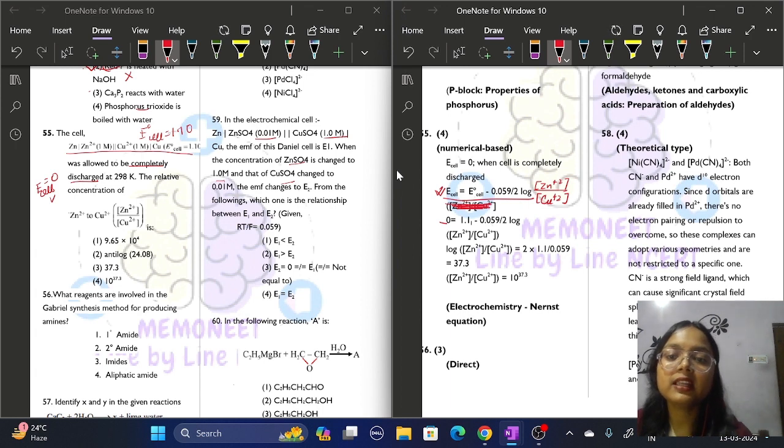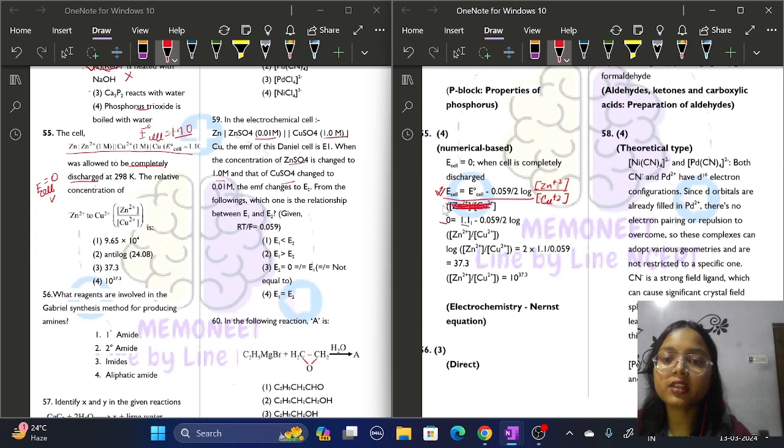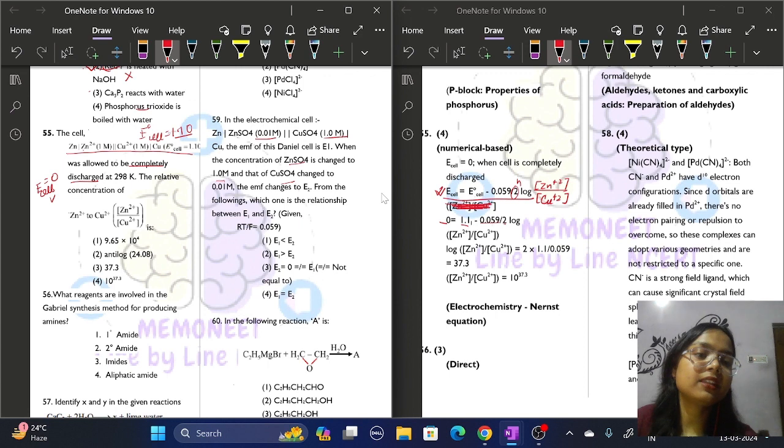We have to put E naught cell, which is also given as 1.10. So E naught cell is 1.10 minus 0.059 by 2. Here 2 is the n value. How can we find the n value? Zn to Zn plus 2 means the number of electrons involved in the reaction: 2 electrons. In the case of Cu also, Cu plus 2 takes 2 electrons to give Cu solid, so here also 2 electrons are involved.